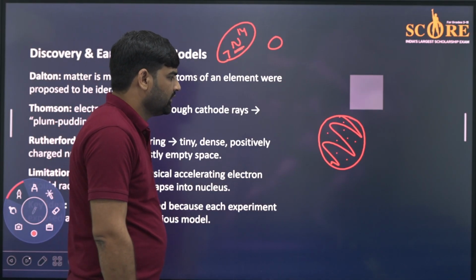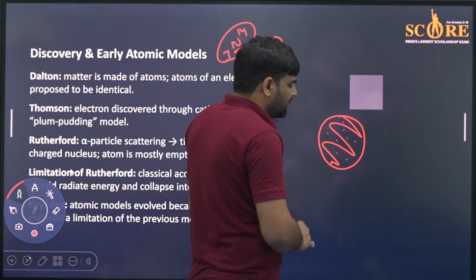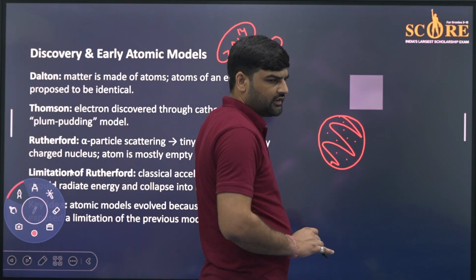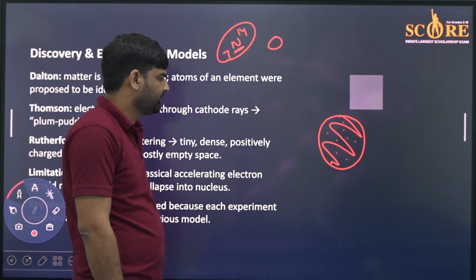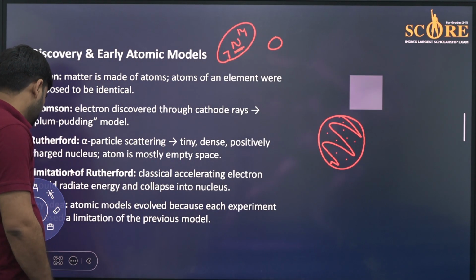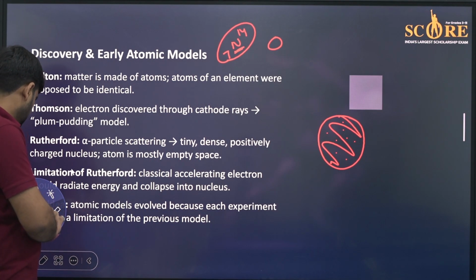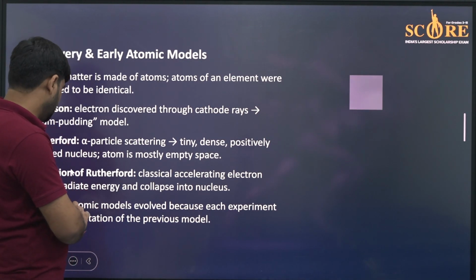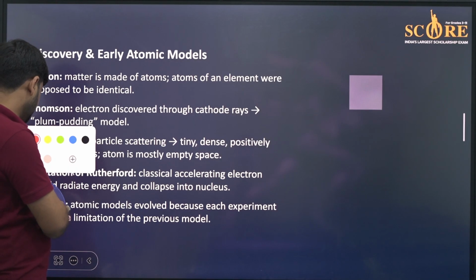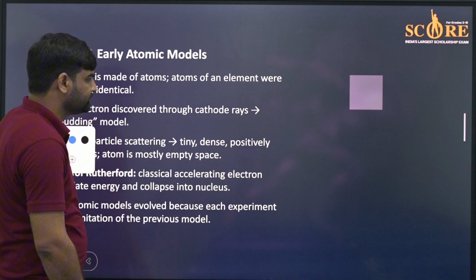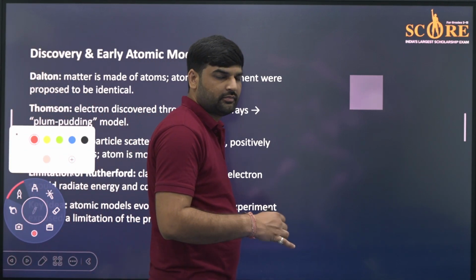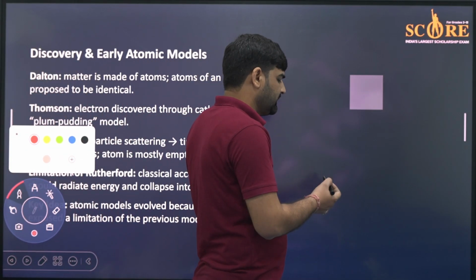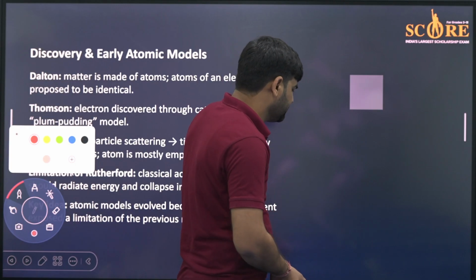After the Rutherford model, the Thomson model also failed. What all points are given in Rutherford model? This model was based on the alpha particle scattering experiment.